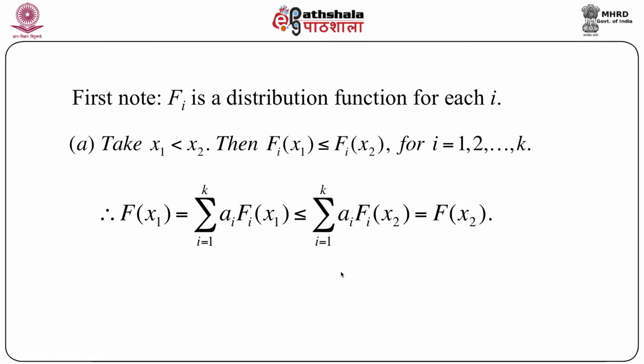So this quantity is less than or equal to summation i equals 1 to k ai Fi(x2), and this is nothing but capital F of x2. That eventually proves that F(x1) is less than or equal to F(x2) whenever x1 is less than x2. So we can immediately say that F is a non-decreasing function. The first property is proved.